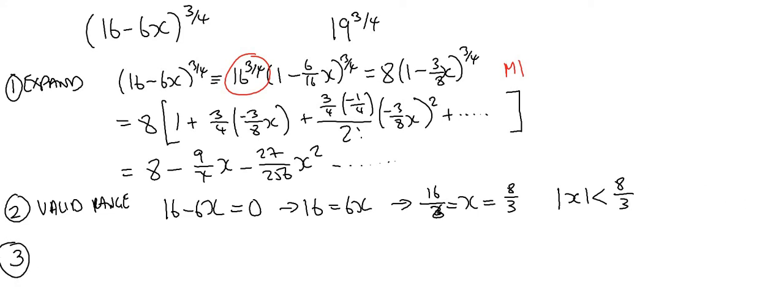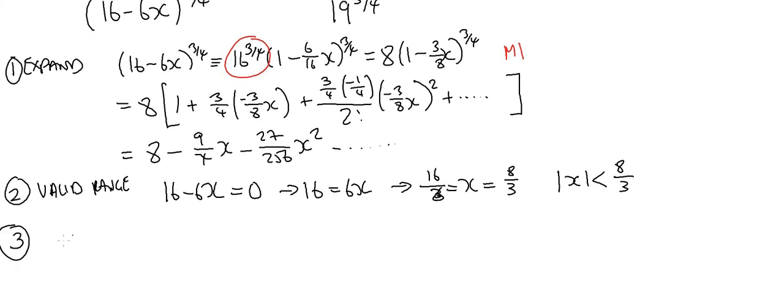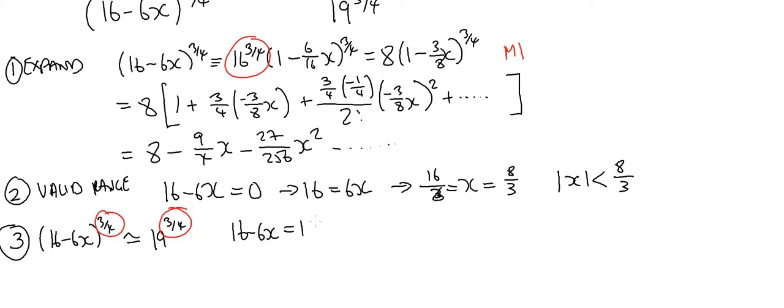Now we have to find the value of x for the estimate. Now we've got 16 minus 6x to the power of 3/4, and we're trying to estimate 19 to the power of 3/4. Well, look, they've both got the same power. Okay, so let's just say that 16 minus 6x equals 19.